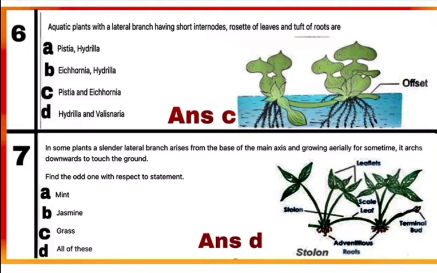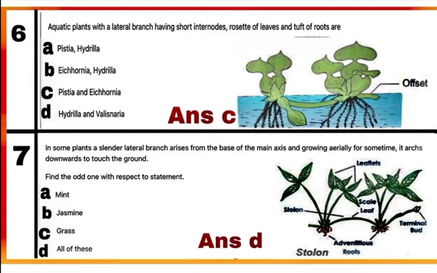Question number 7. In some plants, a slender lateral branch arises from the base of the main axis and, growing aerially for some time, it arches downward to touch the ground. Find the odd one with respect to the statement. Option D. All of these are odd ones with respect to the statement given.